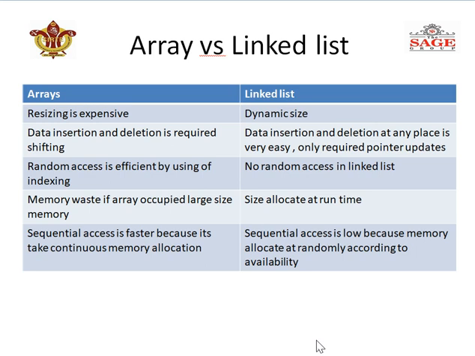Next, data insertion and deletion require a number of shifts. Suppose we are creating an array in ascending order, so the data is already arranged. Now suppose you insert the data 2, 4, 6, 8 and 10. Now data 5 is coming.